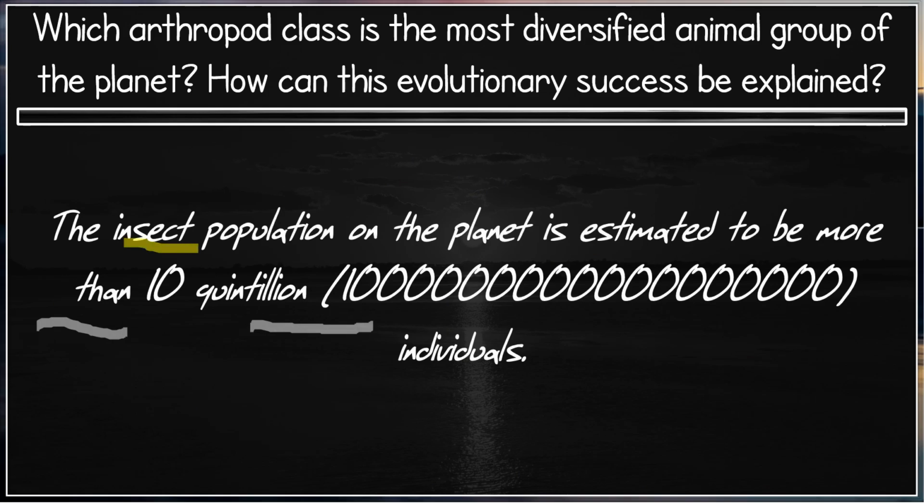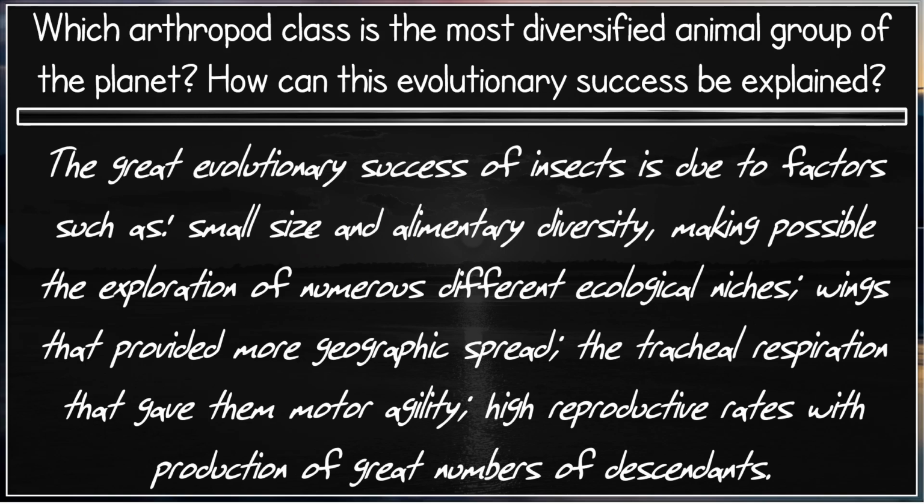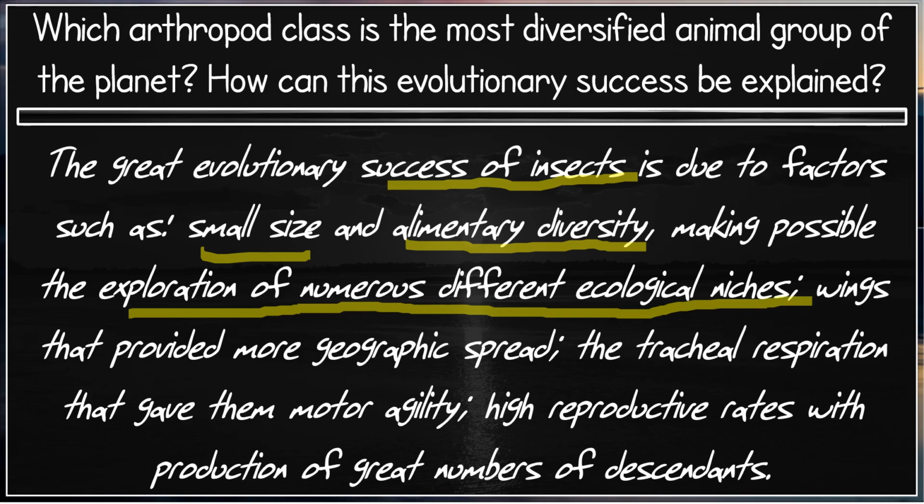The insect population on the planet is estimated to be over 10 quintillion individuals. The great evolutionary success of insects is due to factors such as small size and alimentary diversity, making possible exploration of numerous different ecological niches.